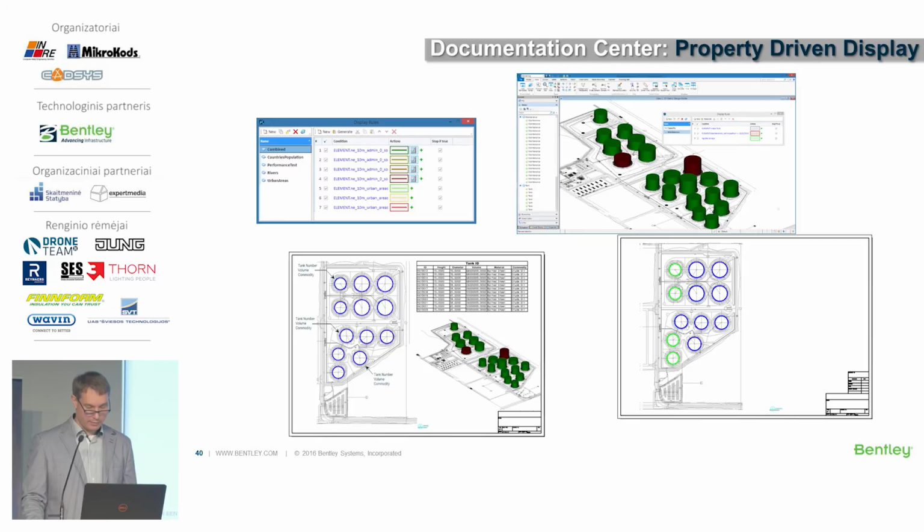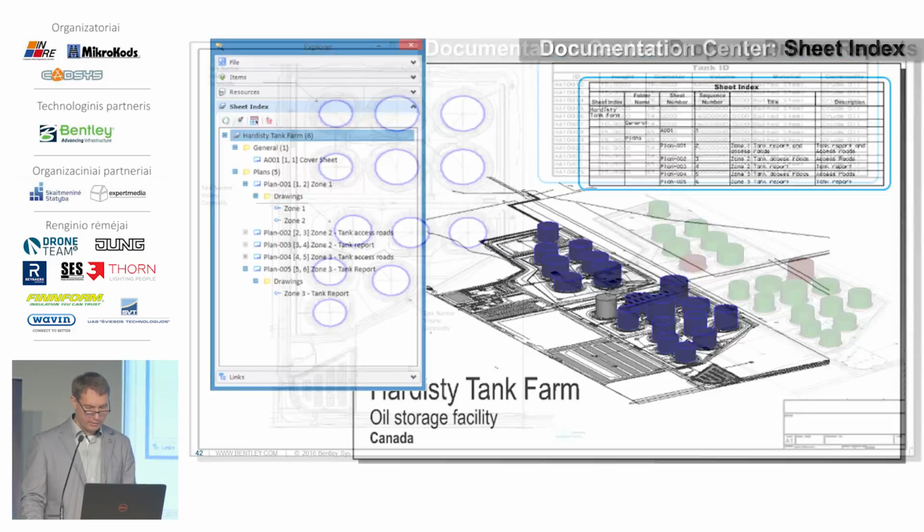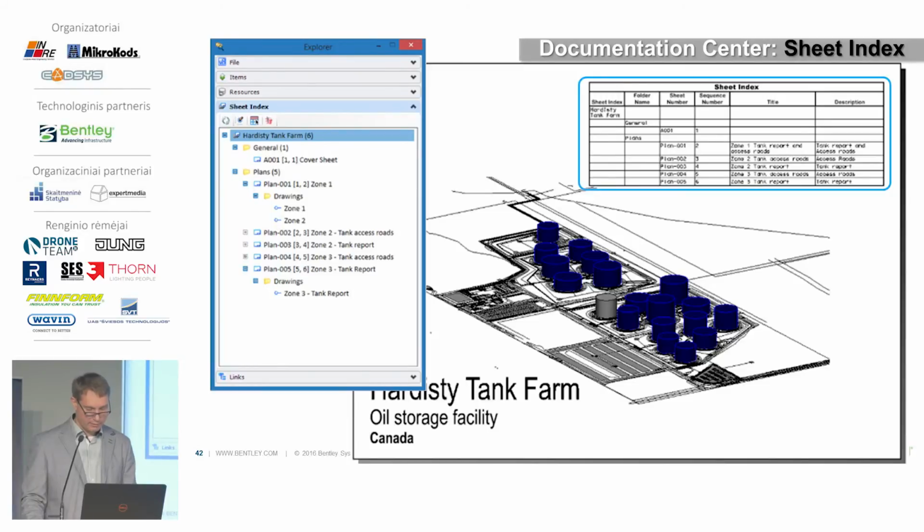So, as a result, Connect Edition helps you to manage project documentation based on drawing properties. You can create index sheets, you can create bills of materials and specifications, and everything is updated automatically.